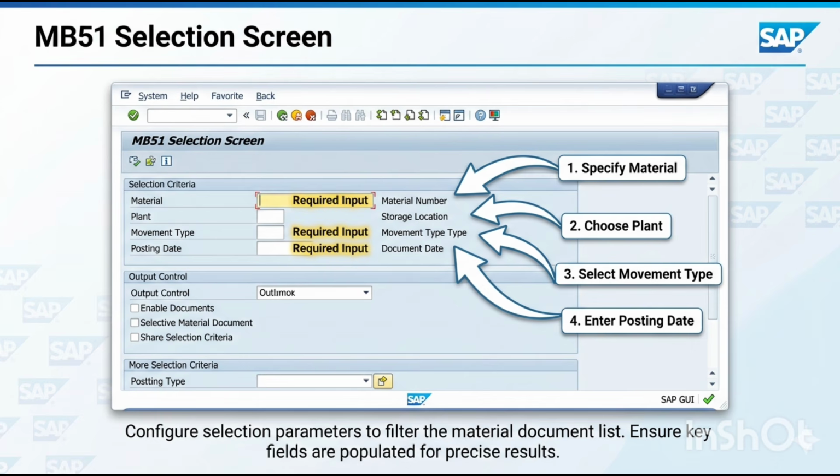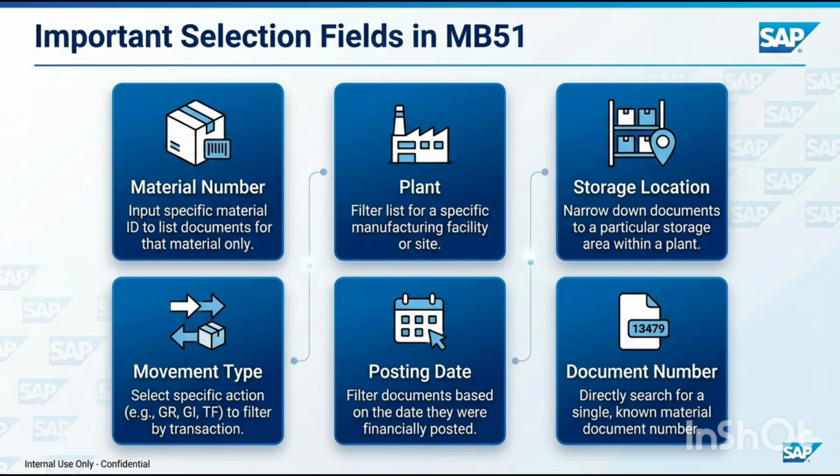So if you just enter one item, then all the data relevant to that field will be displayed. For example, if you just enter a material number and you press the execute button, if that material is available in all the plants that you have access to, the data will be displayed. If you enter just the plant, no other detail, then all the details of that plant and its transactions will be displayed.